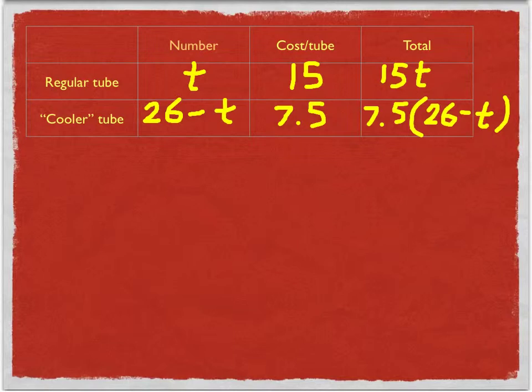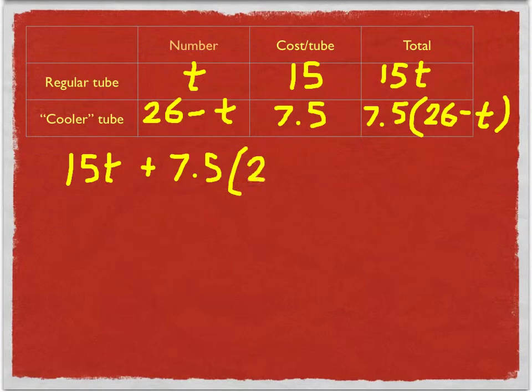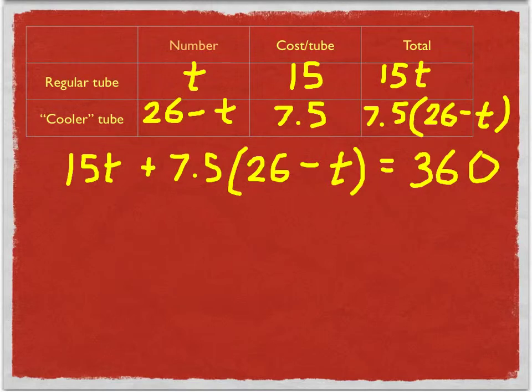So my equation is going to be 15t plus 7.5 times 26 minus t, and that's going to equal the grand total that they paid, which we saw was $360. Now we can do a little bit of multiplication here. I can write down that 15t there.